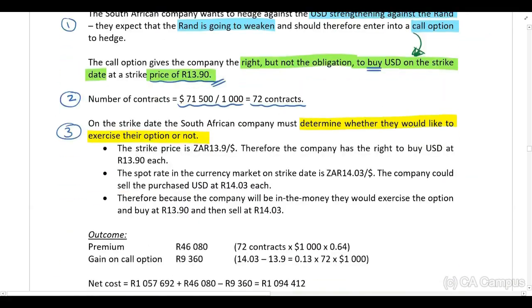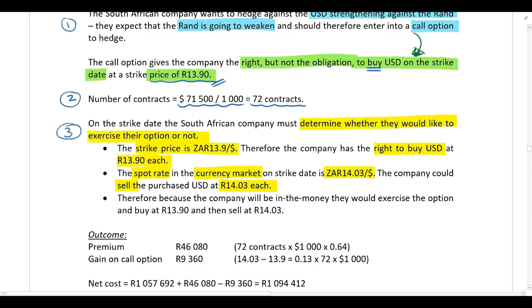So you can see the discussion. The strike price is 13 Rand 90. So that gives them the right to buy US dollars at 13 Rand 90. The spot rate in the currency market on that date is 14 Rand and 3 cents. So that means they can sell the US dollars at 14 Rand and 3 cents.